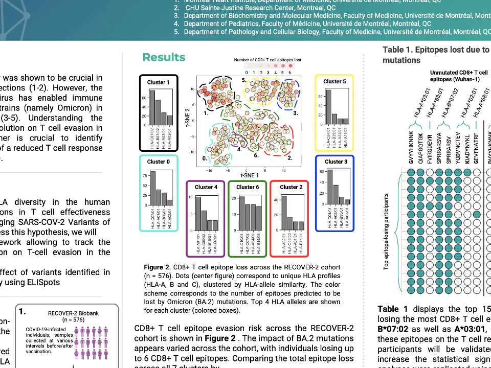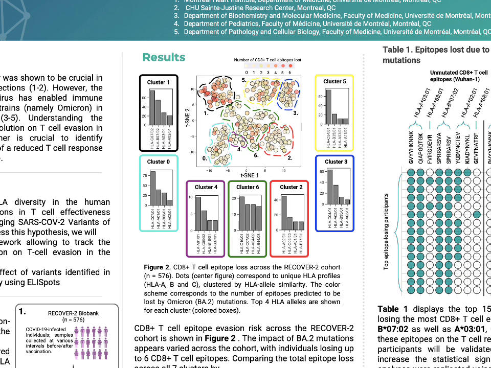The color scheme here corresponds to the total number of T-cell epitopes that were lost due to Omicron mutations, so darker dots lose more epitopes. One of the key takeaways here is that T-cell evasion isn't the same across the entire biobank. We have one cluster, cluster 1, that appears to be more susceptible to T-cell evasion.